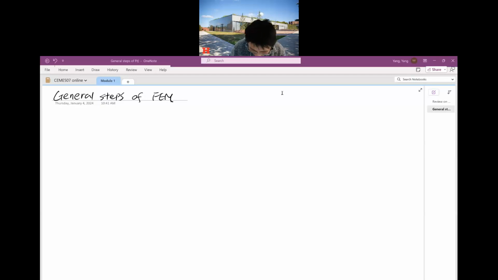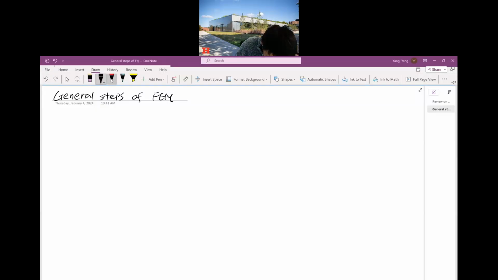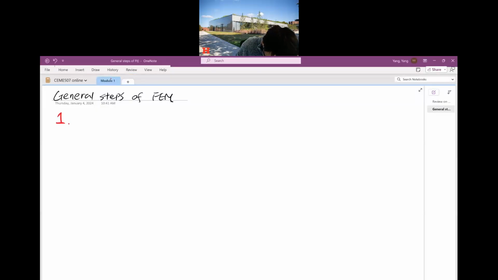So the first step is that, step one, we typically discretize the geometry, and select element types.